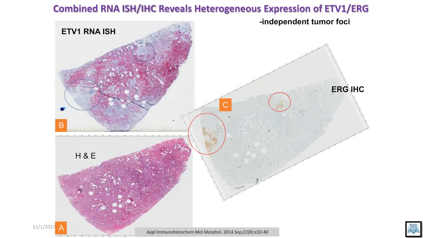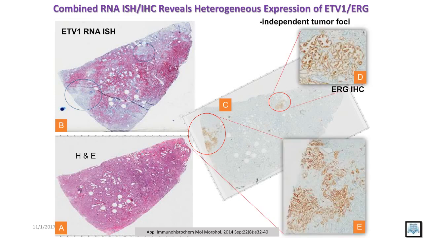But there are tumor areas, distinctly separate at the molecular level, where we were able to see both ERG and ETV1 present within the same tumor foci. But here, as I mentioned before, these markers are mutually exclusive.